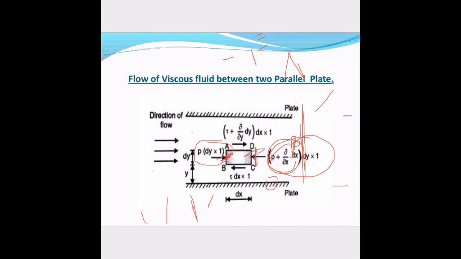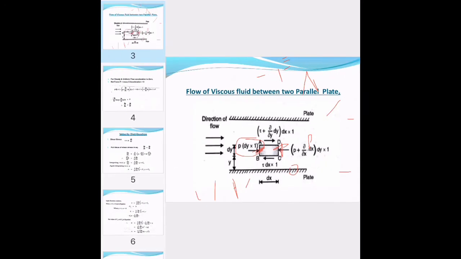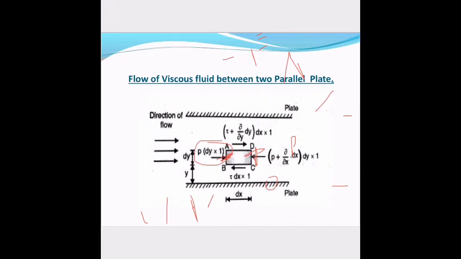So the resultant of the forces will be 0. Okay, so we can consider that the summation of the 4 forces will be 0, which I am going to show you in the next slide.